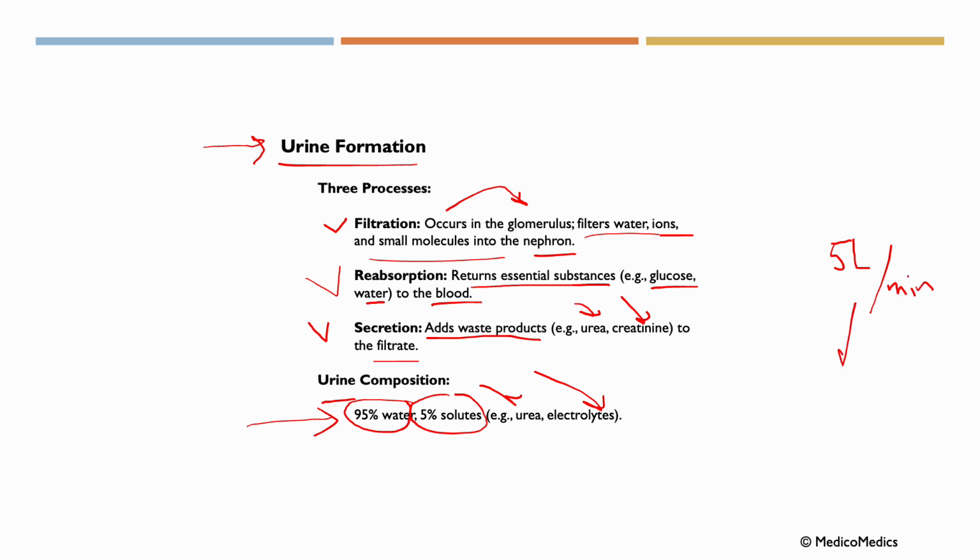And the kidneys receive about 20% of this. So let's say about 1 liter. So let's say on average, 1 liter of blood per minute arrives at your kidneys.